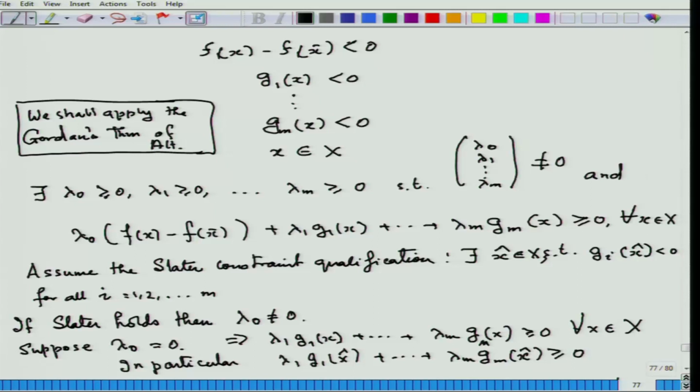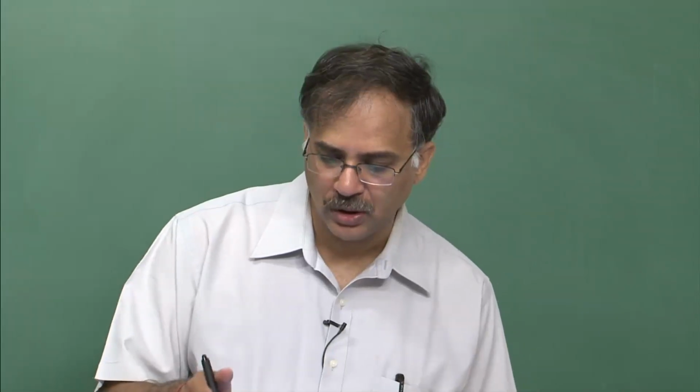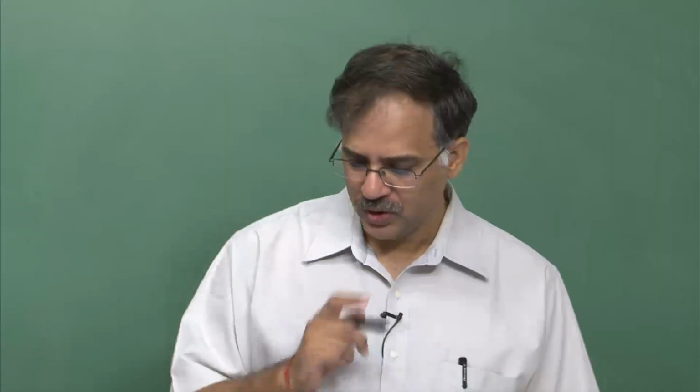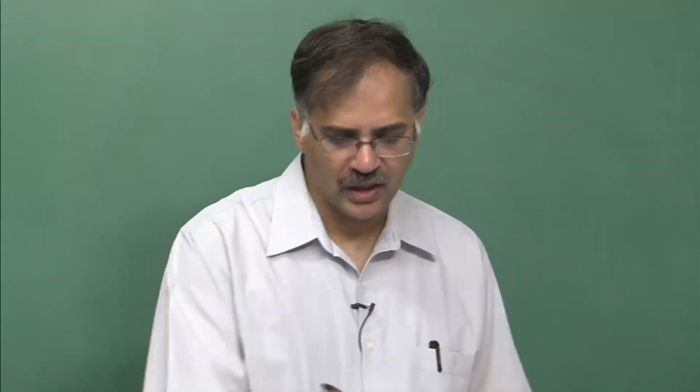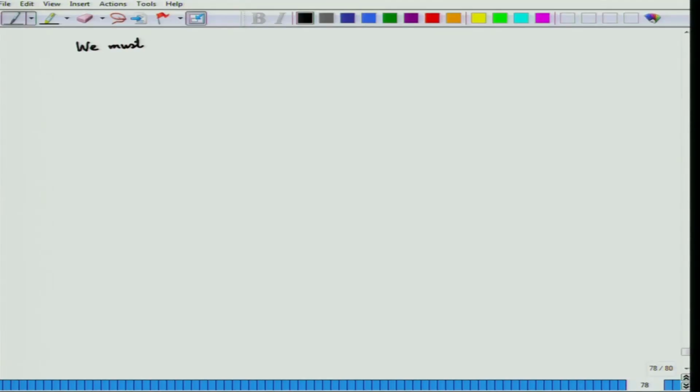where x hat is an element of X, and lambda 1, lambda 2, lambda m are all greater than or equal to 0, but since lambda naught is equal to 0 and this vector cannot be equal to 0 completely, one of the lambda 1 or lambda 2 or lambda m must be non-zero. So, which means what we actually must have is lambda 1 g1 x hat, and so on.